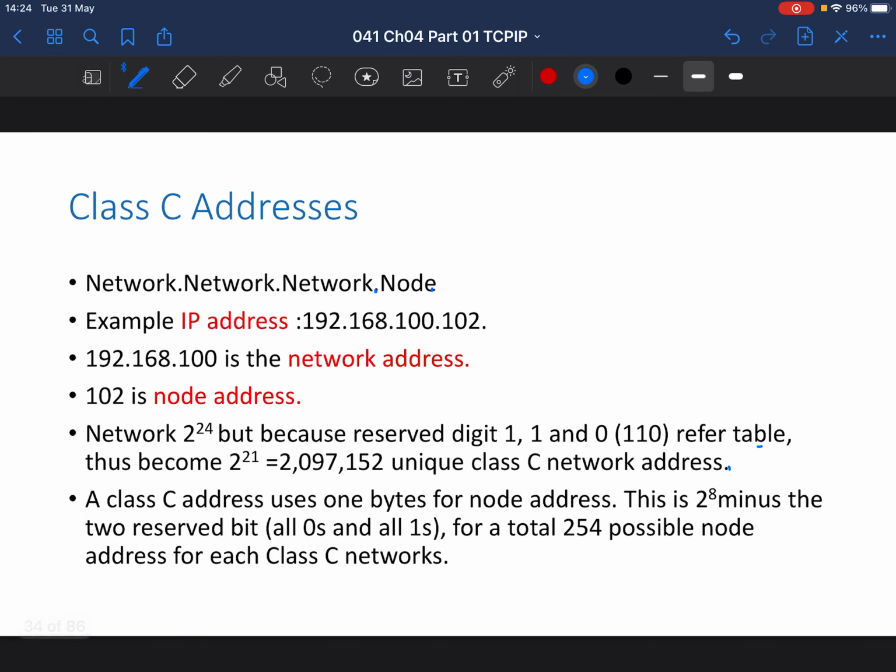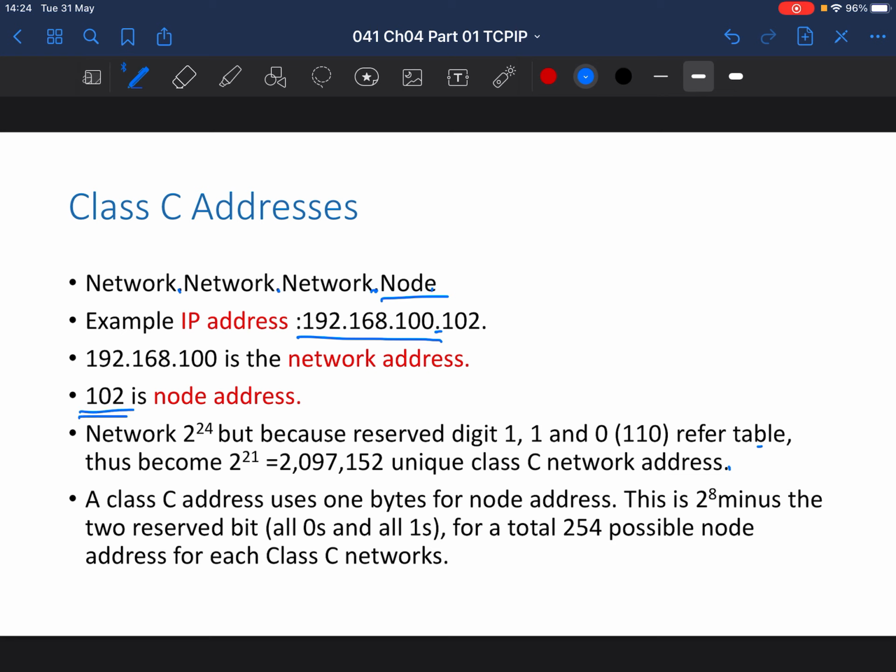Okay, next is the Class C address. Class C addresses have 3 bytes for the network and 1 byte for the node. Example IP address 192.168.100.102. 192.168.100 is the network and 102 is the node address.